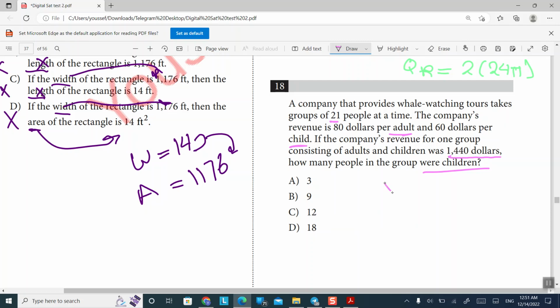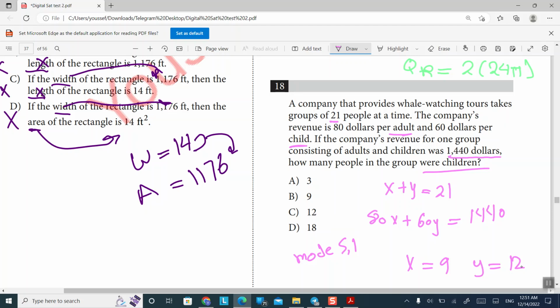we can write a system of equations. x plus y is equal to 21, 80x plus 60y is equal to the amount of revenue. Using your calculator, you find out that x is equal to 9, which is not required, while y is equal to 12, which is the one we are looking for.